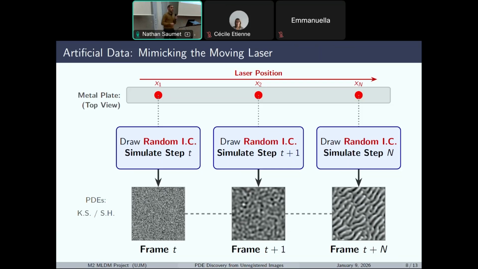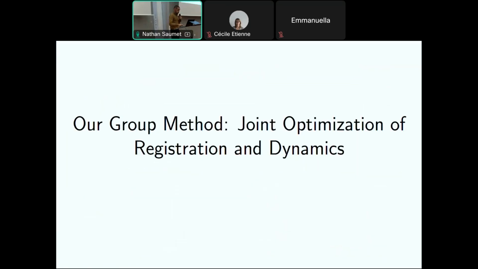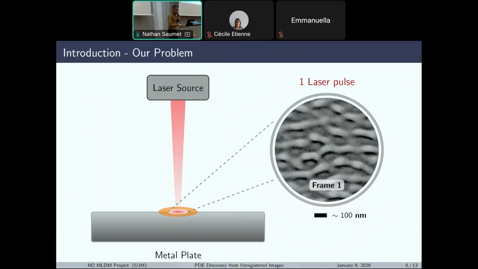Yeah, but my question is regarding the real images. If there is no continuous modification of the images, did you consider that it could be discontinuous in real life? So this is the problem we are trying to solve.